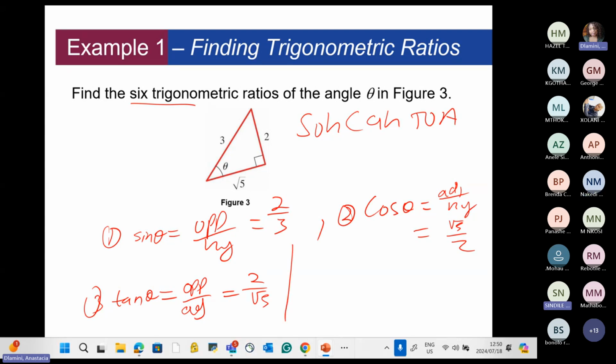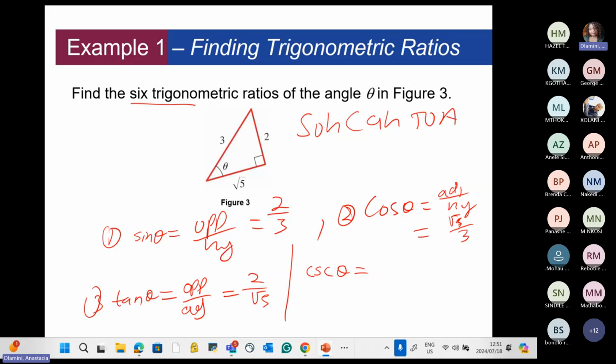So we know cosec will be? Number 2 is... Ma'am, it's going to be root 5 over 3, not root 5 over 2. Yes, over hypotenuse. Thank you.